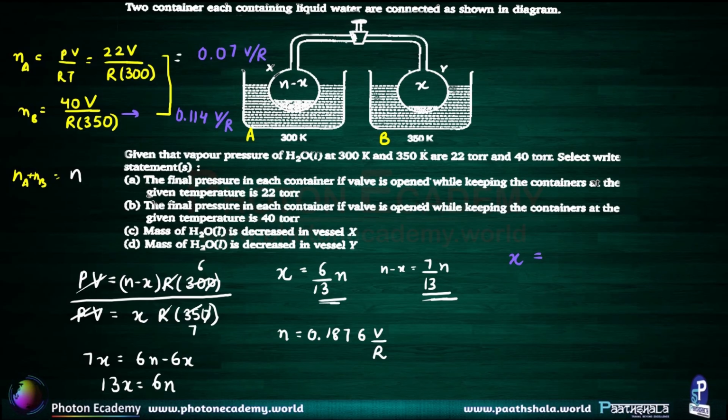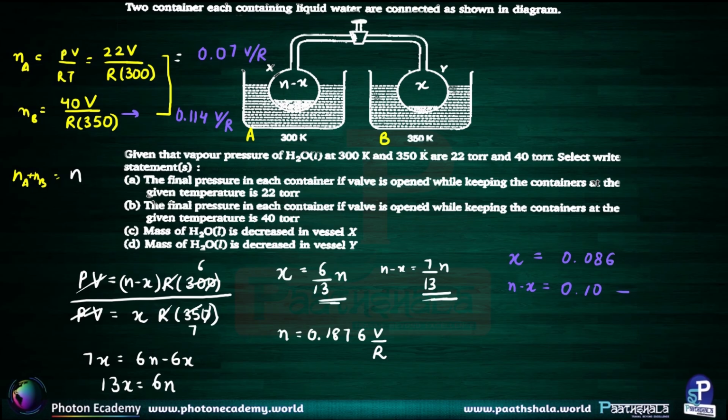So this comes out to be 0.086, and N minus X comes out to be 7 by 13 multiplied by 0.1876, and this comes out to be 0.10.